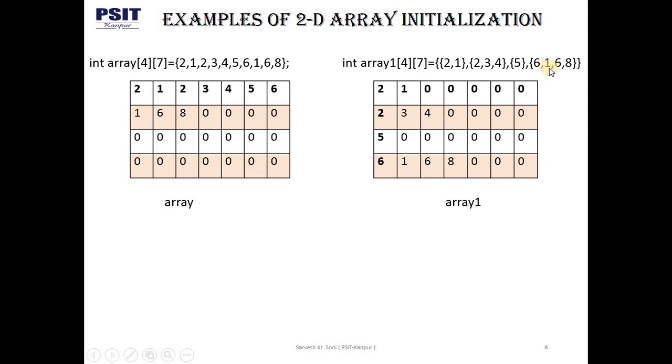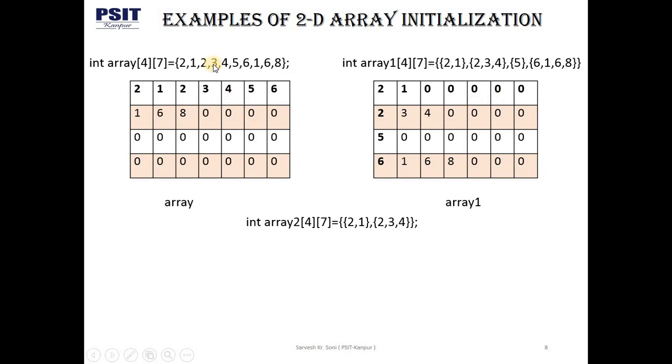Similarly, the fourth row is initialized by 4 values, 6 1 6 8. 6 1 6 8 are stored here, and the rest of the cells of that corresponding row are initialized by 0. So this shows the row wise separate initialization.